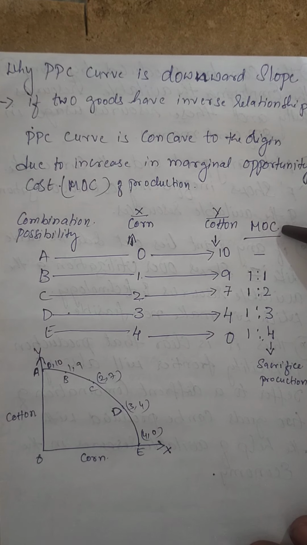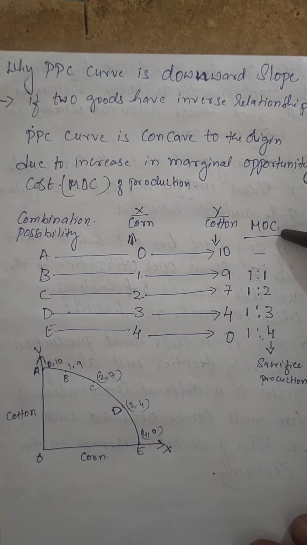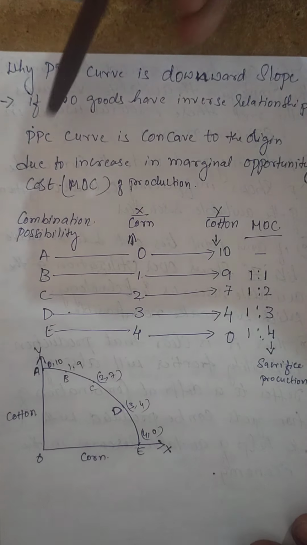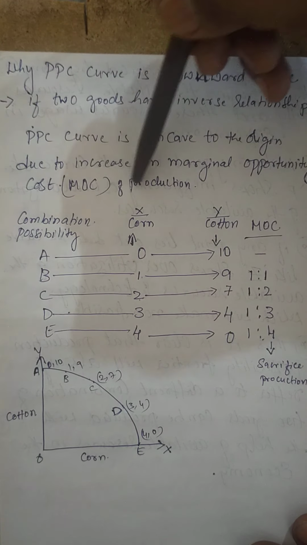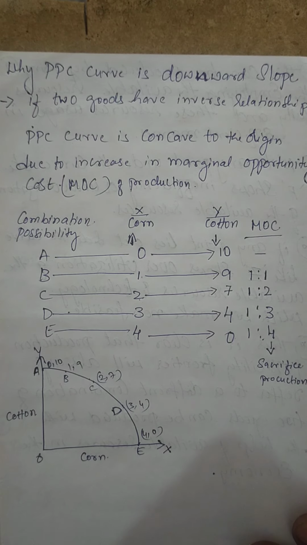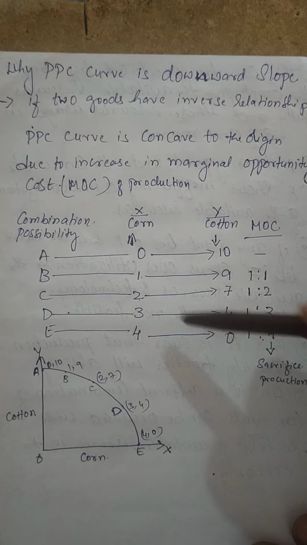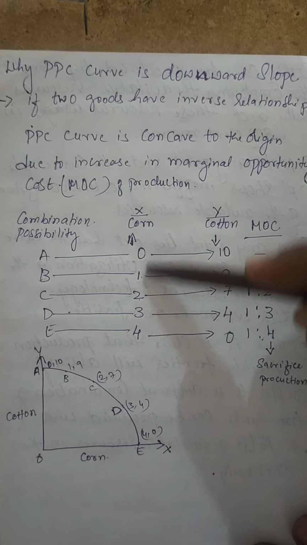Now the same thing I am going to explain here also. MOC refers to the increase in marginal opportunity cost of production. Marginal opportunity cost of production, very clearly, is the cost of production. It is increasing, isn't it?